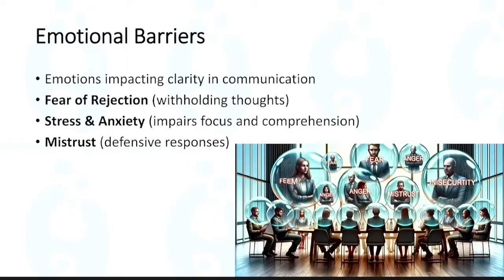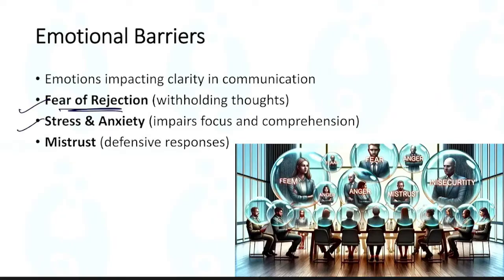The first one is fear of rejection. If the person who is sending the information has a fear of rejection, they will withhold certain thoughts or information because they are scared of getting rejected. That creates an important barrier to effective communication.